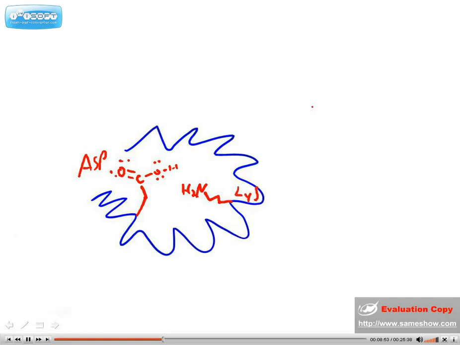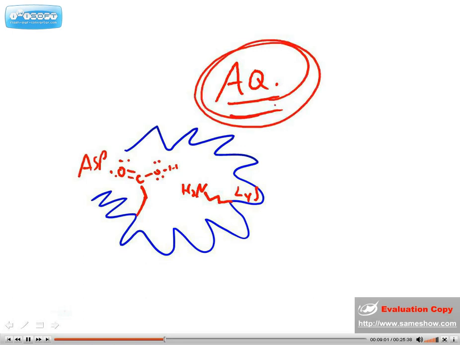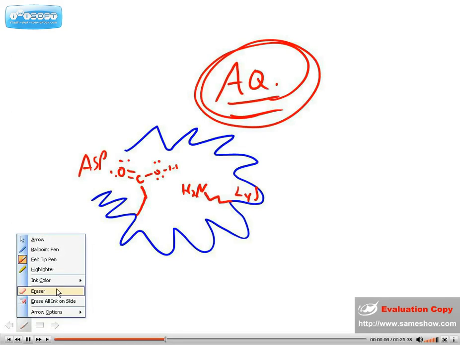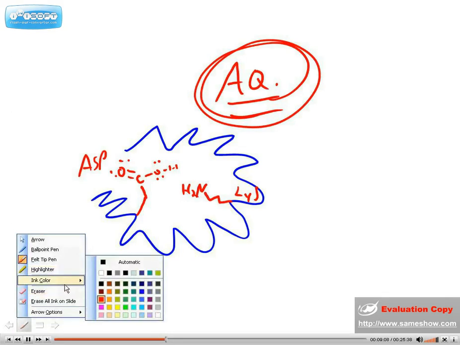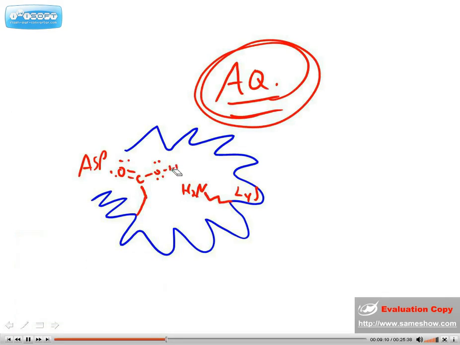First thing I want to point out is we're always going to assume when we draw these polypeptides that they're going to be aqueous. So the first thing you want to keep in mind is when you're drawing those polypeptides, you need to remove the hydrogen on the carboxylic acid.